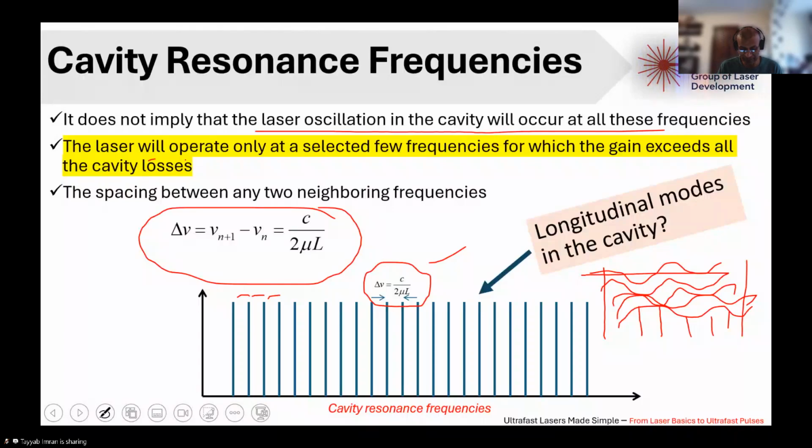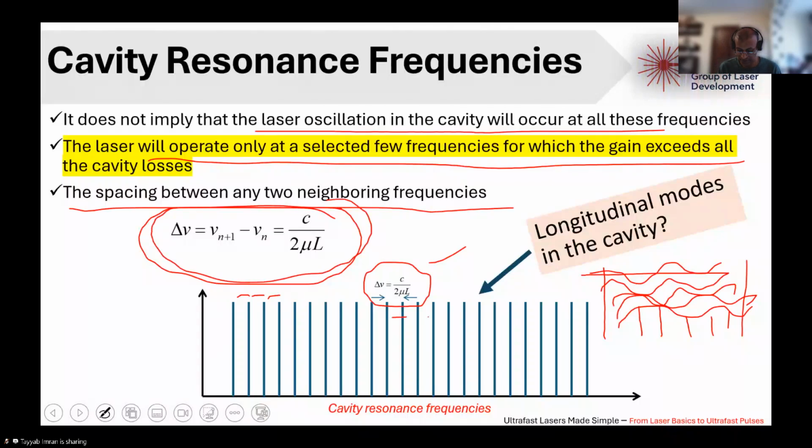Meanwhile, in the red portion you can see that the laser operates only at selected frequencies for which the gain exceeds all the cavity losses. At some frequencies, gain cannot exceed the losses. The spacing between any two neighboring frequencies is this one, equally spaced.